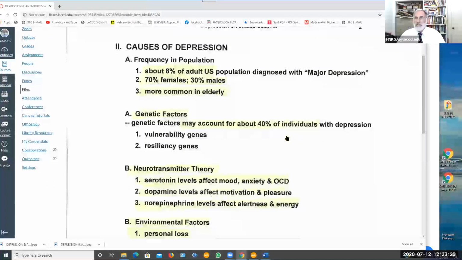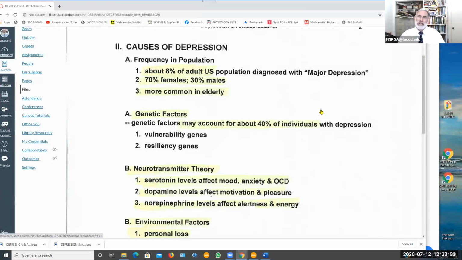Now, there are genetic factors that can affect one's tendency to become depressed. It's been suggested that as much as 40% of the individuals with major depression may be accounted for by genetic factors. And there has been research on this. More research is continuing. There exist what are known as vulnerability genes and resiliency genes.